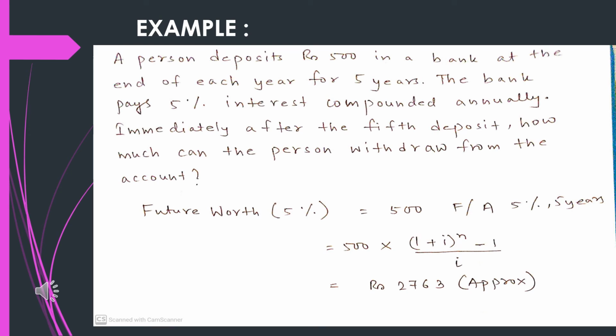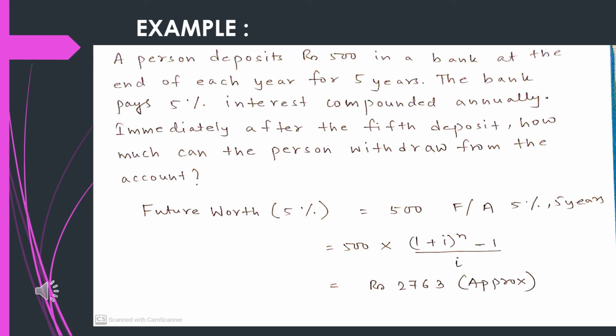Another interesting fact is that it says immediately after the 5th deposit. After the 5th deposit practically means at the end of the 5th year, which means the end of the period.